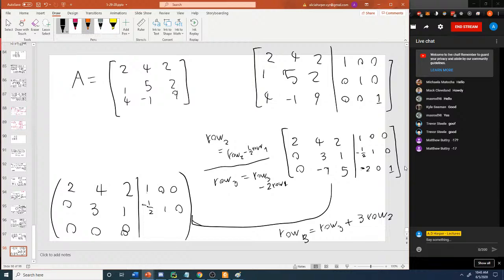And then 3 times negative 1/2 plus negative 2. So it's this, which is precisely going to be, why is my mind failing me? It's negative 7 over 2. And then 3 here and 1 here. Wait.